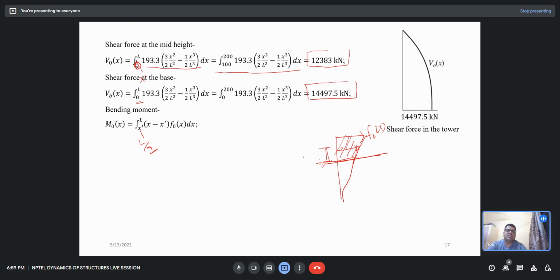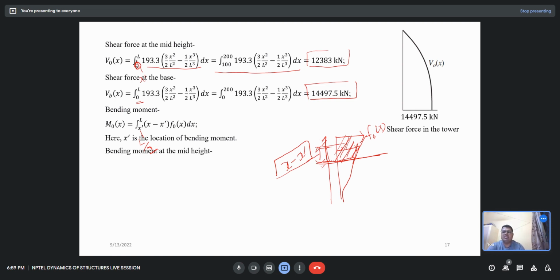That gives you the lever arm, x minus x dash. If you multiply this total load by this lever arm, you will get your bending moment. So x dash is the location of the bending moment.